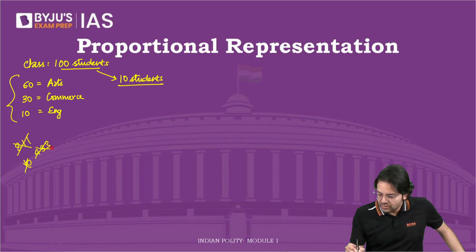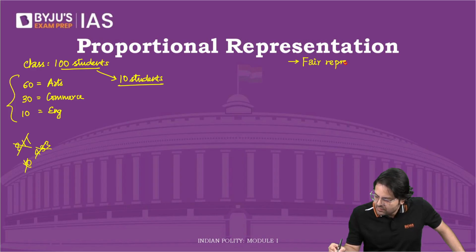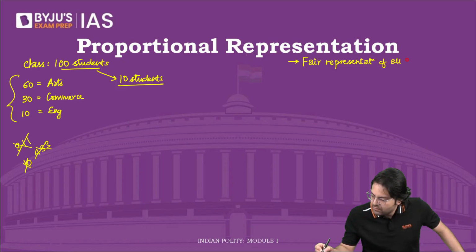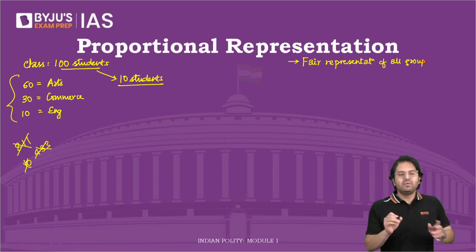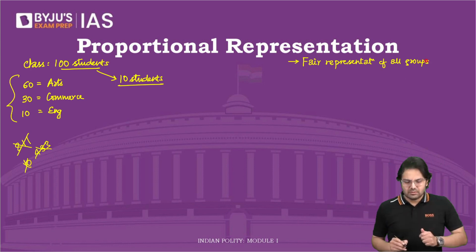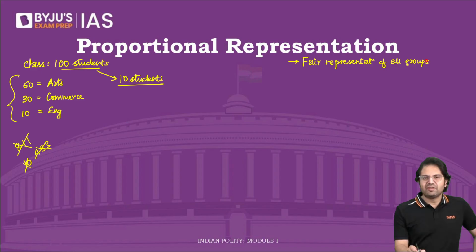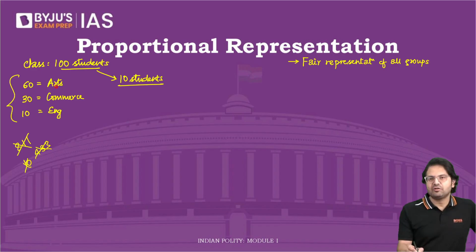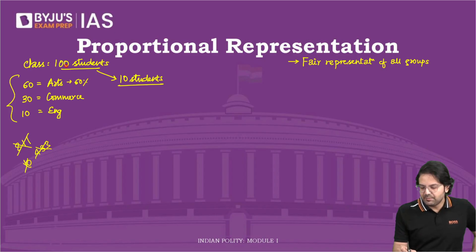So firstly we find out what percentage of students are arts students. 60 out of 100 means 60%. 30 out of 100 commerce students means 30% students are commerce students.